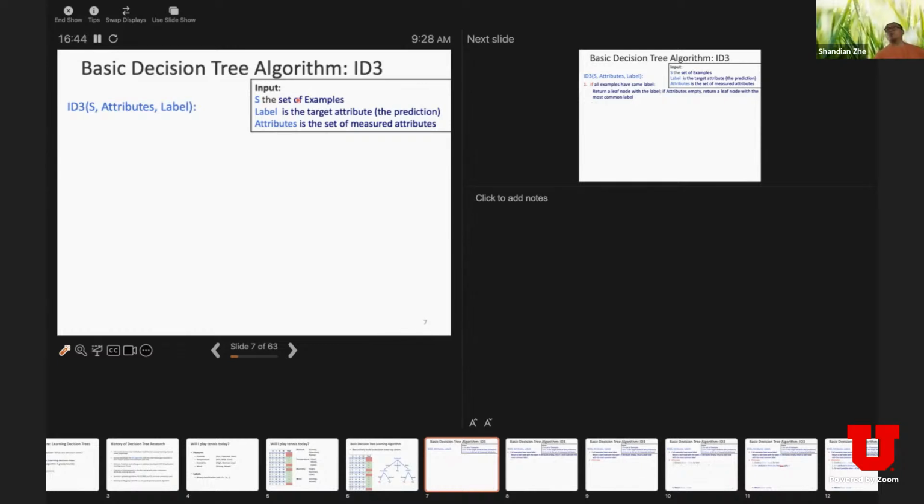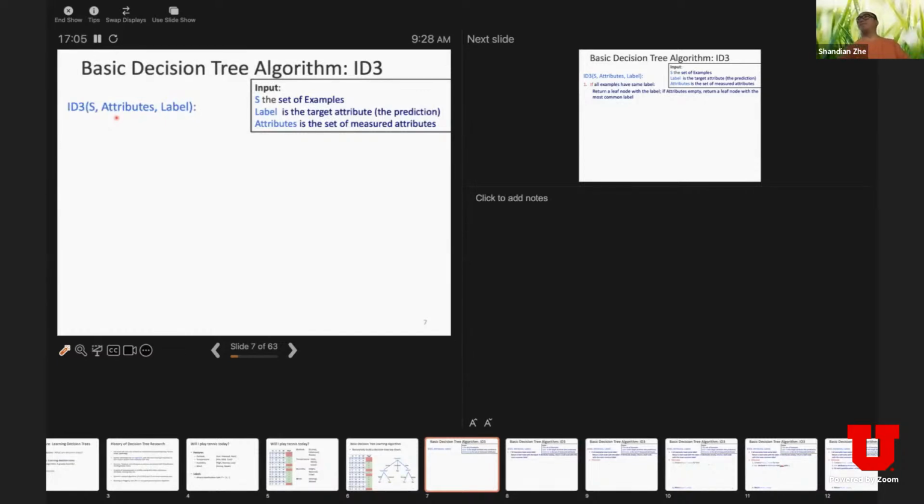But remember, this is a recursive algorithm. So when it partitions the data into a list of subsets, for each subset, it might call ID3 again to do the further partition. So S actually represents a subset of the examples corresponding to the current node.